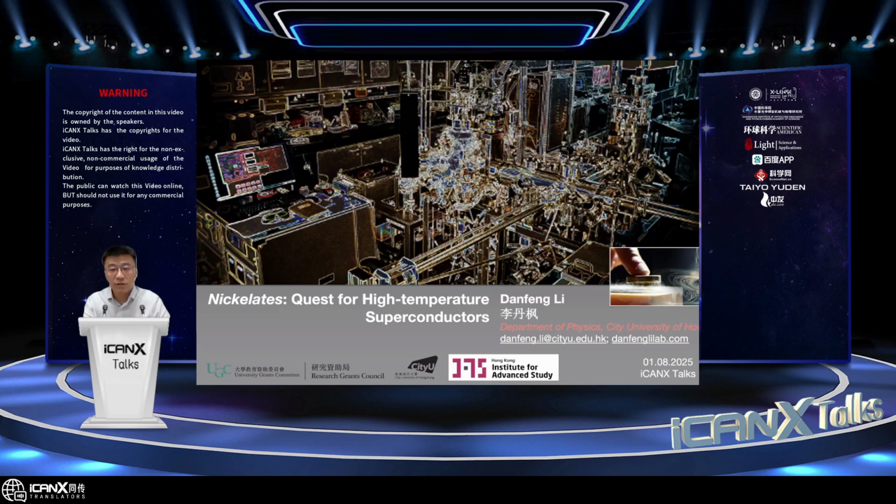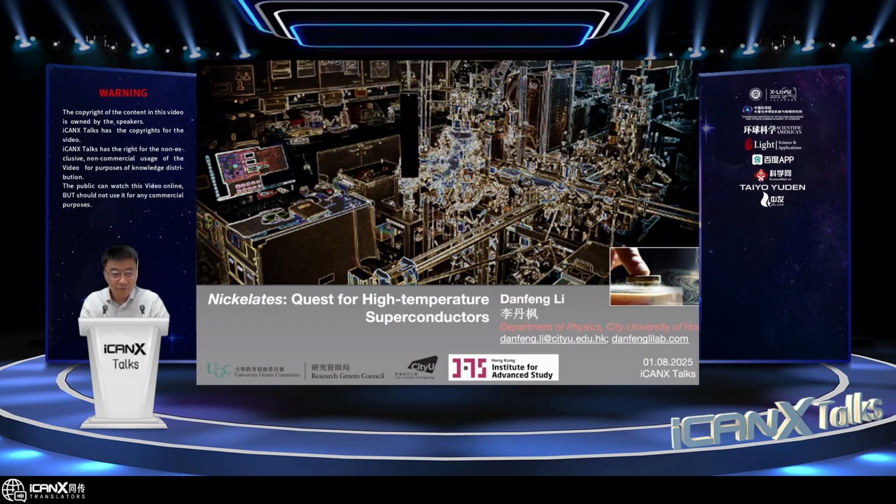Throughout this talk, I would like to walk you through some history of superconductors by introducing the beautiful properties of these materials, and also to ask a very simple question: why do we want high temperature superconductors? Hopefully after that, I will lay out the foundation for the discussion on this new family of high temperature superconductors, nickelates, and discuss a few aspects on this fast developing topic.